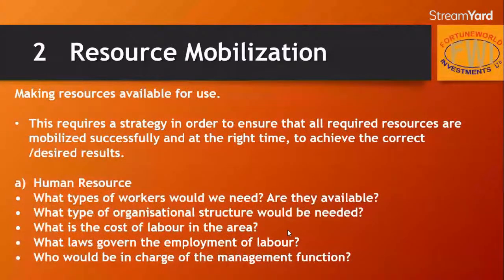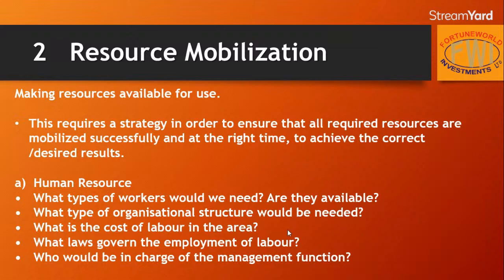Now, we go to our first resource. This first resource that we mentioned is the human resource, the people who will work. This actually depends on what type of activity or what type of project that you want to go into.